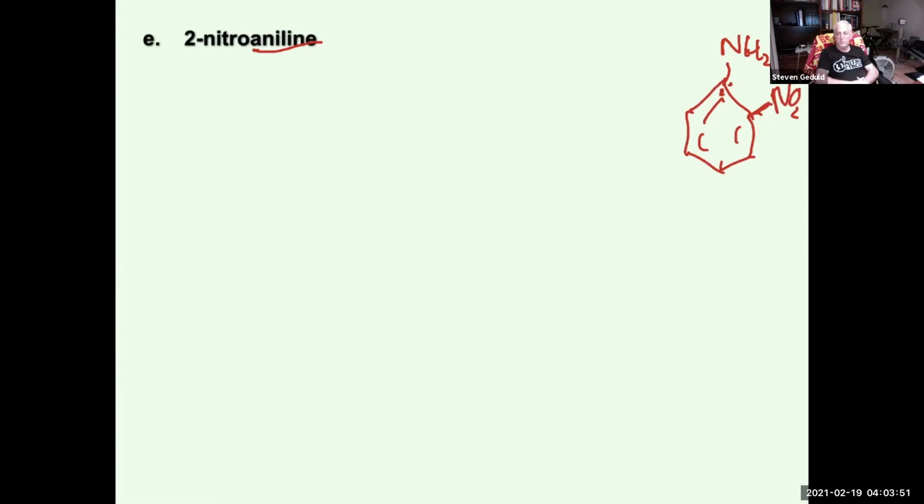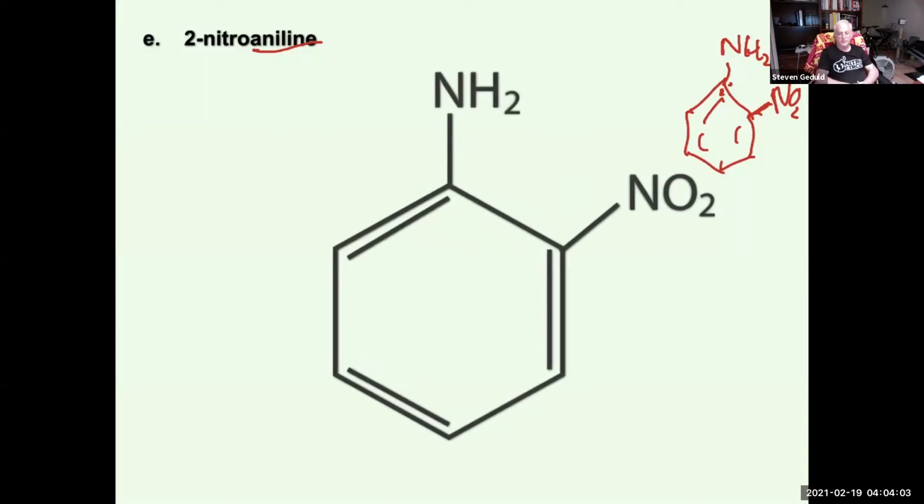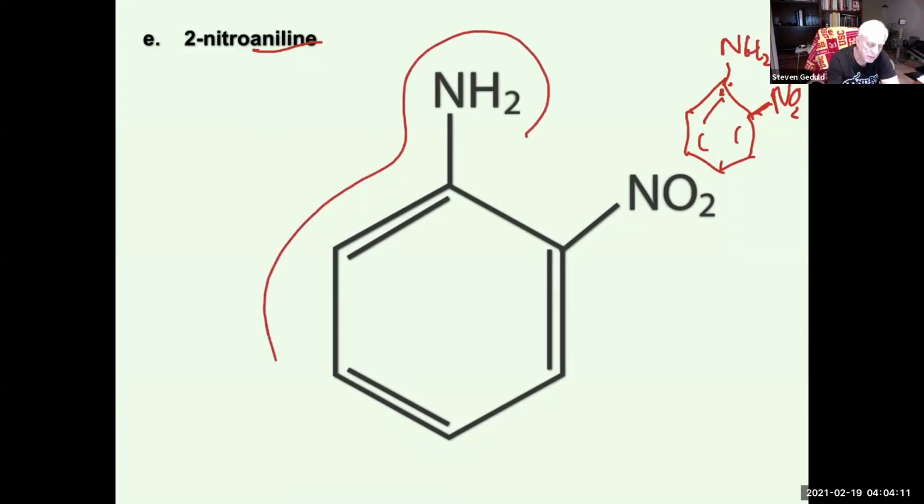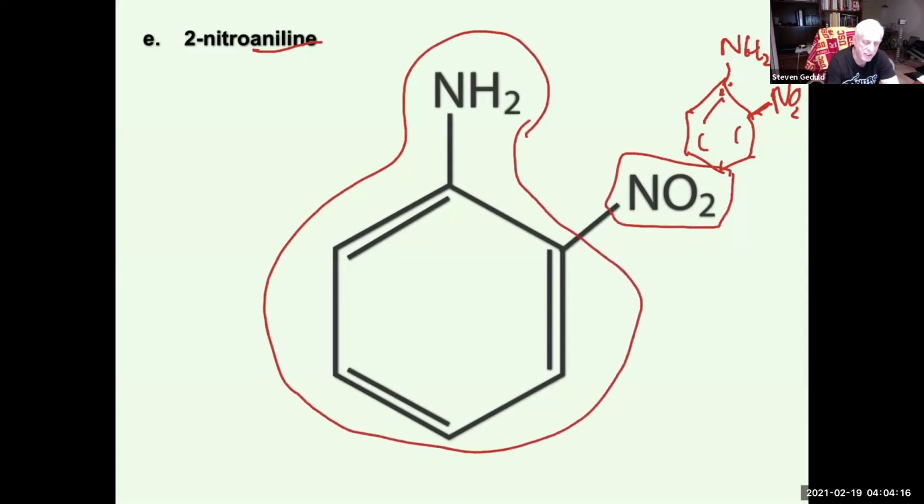It's a 1,2 position. Okay, here's a little better picture. So here's aniline, benzene with an NH2 group, and here's your substituent, nitro, attached to it at the number 2 position.